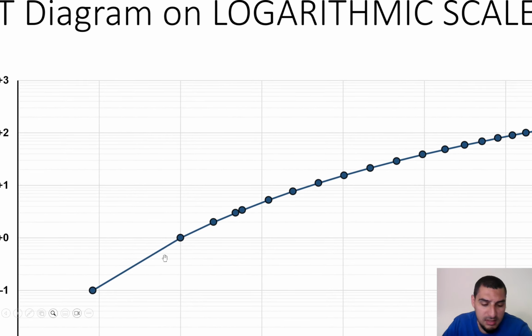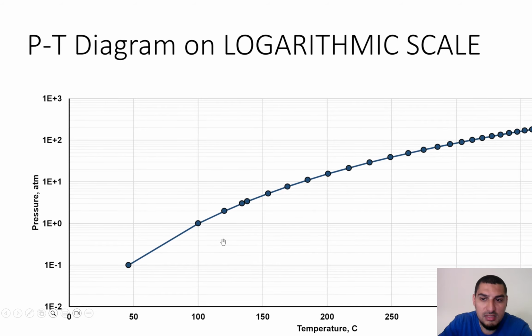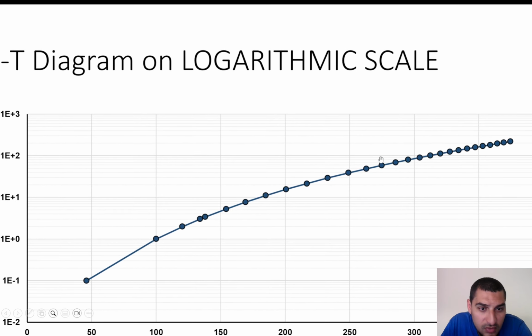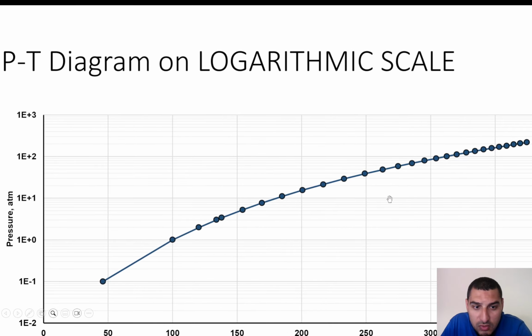So just to clarify this point, let's say we want to find out what is the value of the pressure here. To find this pressure, we will look at what is the major grid line before it, which is 10. So this is 20, 30, 40, 50. So this is 60. This is the pressure of 60 atmospheres, and so on.